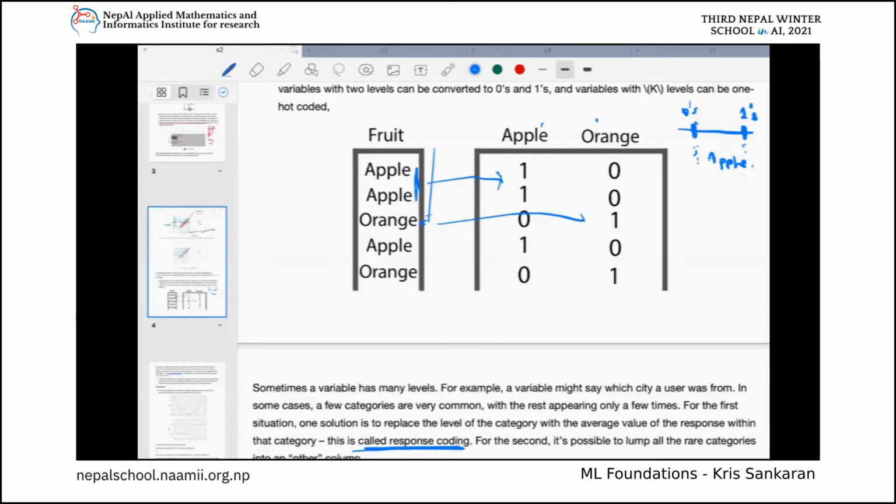Sometimes this is called lumping. Once you've lumped all the rare categories, you're down to a few columns of zeros and ones. The most common categories are coded here, and everything else is its own column of other.